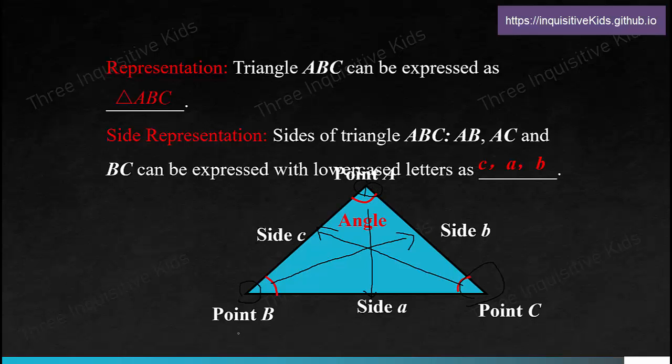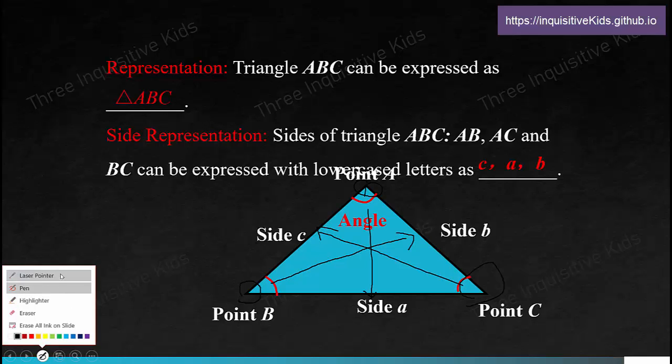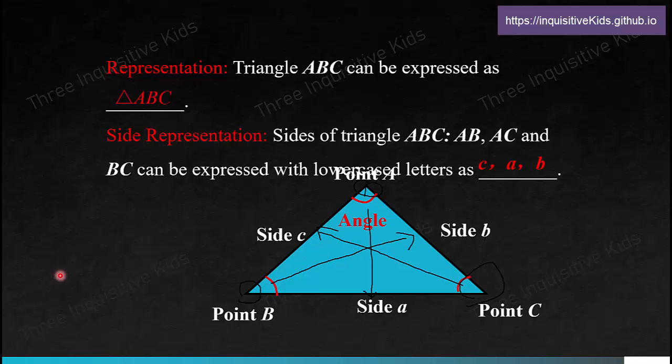And remember, in a triangle, you have to make sure that it has to be lowercase, and the only way this side can be side c is if the opposite point is called point C, and there is no other way this can be called side c. Same for the other sides.